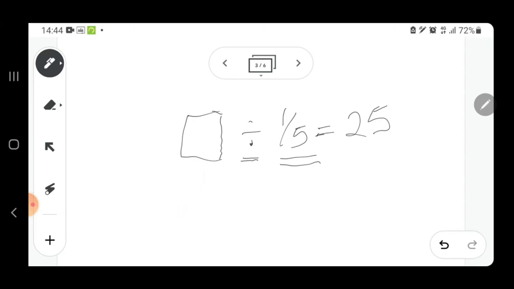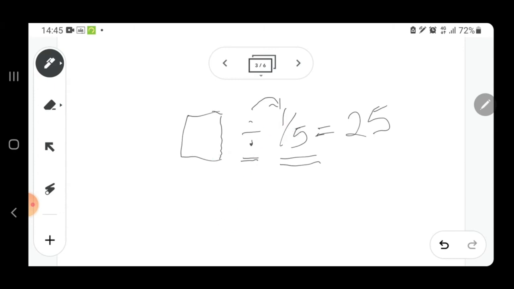Like I said in my previous videos as well, this empty box has got an invisible operation sign of its own, and because they haven't said negative, it's a positive number. So therefore, the owner of this division, I'm talking about the operation sign, is 1/5.